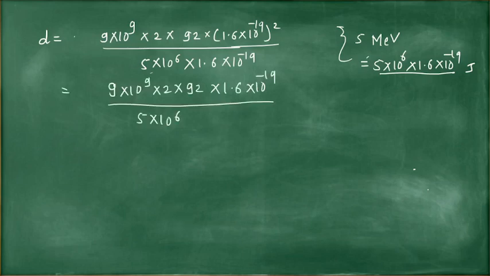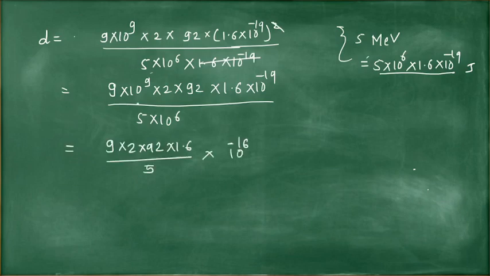Solve this with approximation. The charge e gets cancelled. Then 10 to the power minus 16: the 6, when it goes to the numerator side, becomes minus 6. Then minus 19 minus 6 becomes minus 25, and with plus 9, it is 10 raised to minus 16.